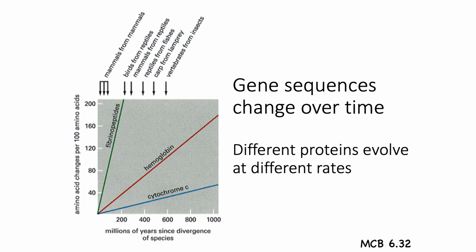And it's evolving very slowly. Hemoglobin in the middle, the red line, is evolving at a little faster rate. And the third example, fibrinopeptides, are evolving very quickly.